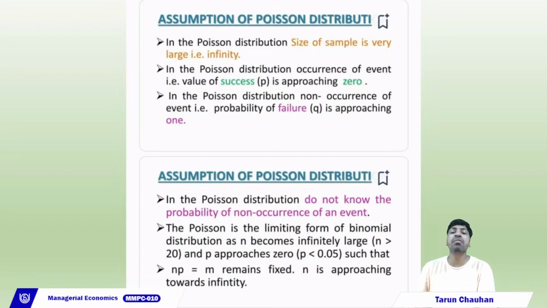Poisson is a limiting form of the binomial distribution. N becomes infinite, P approaches zero, and NP remains fixed. As I already told earlier, N becomes infinite, P becomes zero.